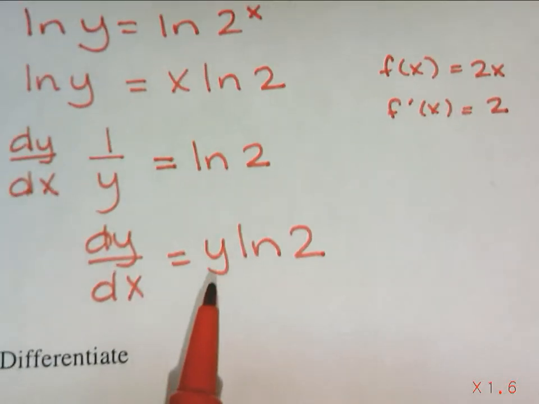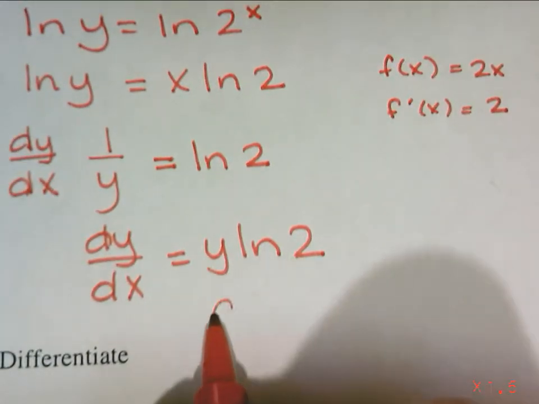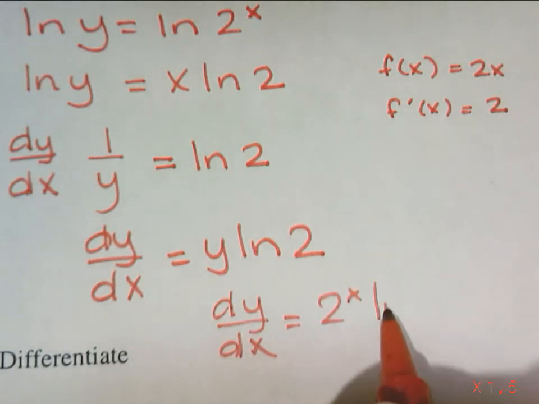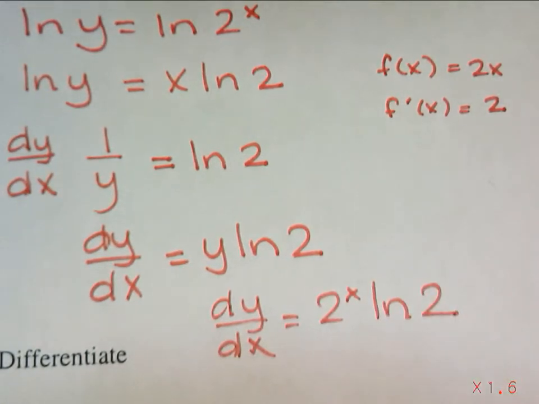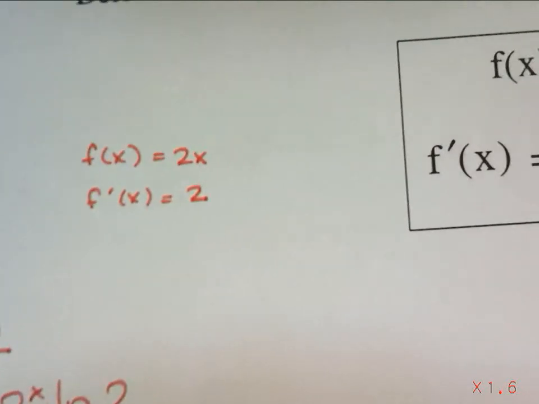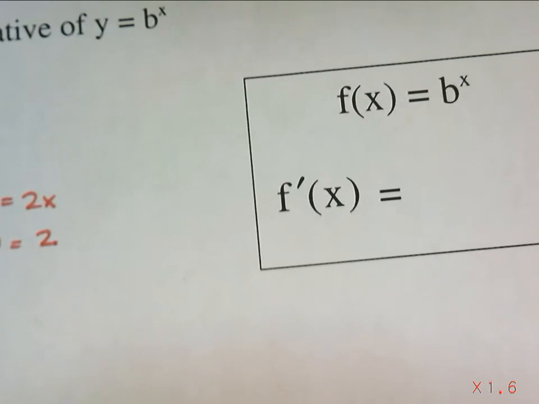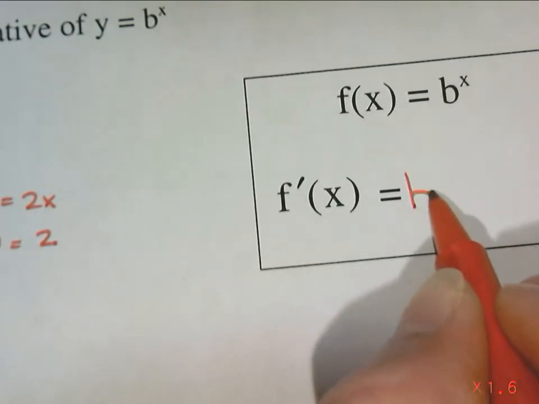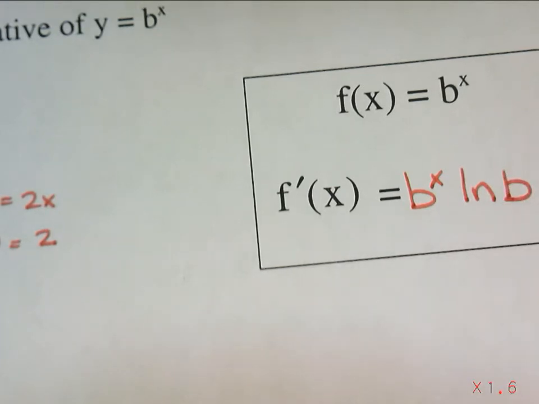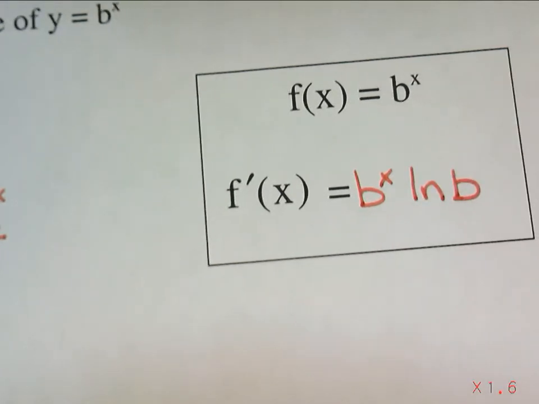So I'm going to replace y with 2 to the x. So there's the derivative. Which means that if I look at a general function, for example, b to the x, I can say that its derivative is b to the x ln b, where b is whatever base we have chosen for the question.